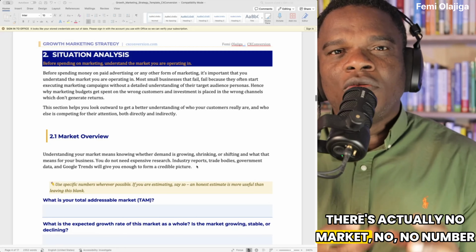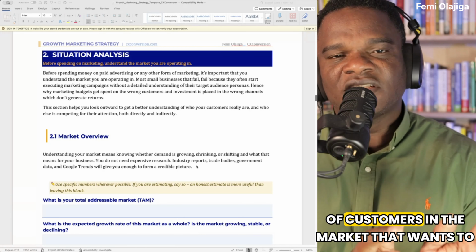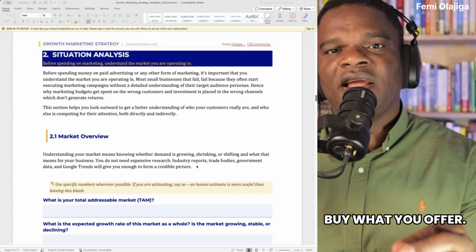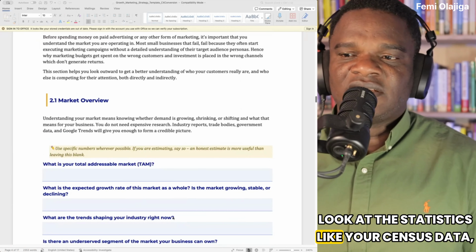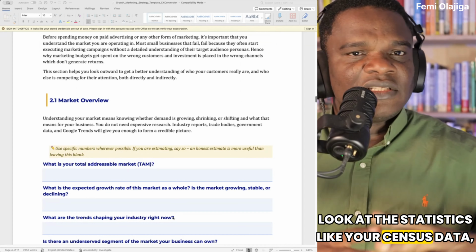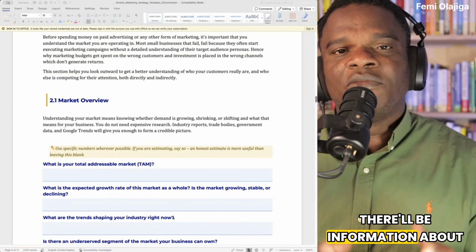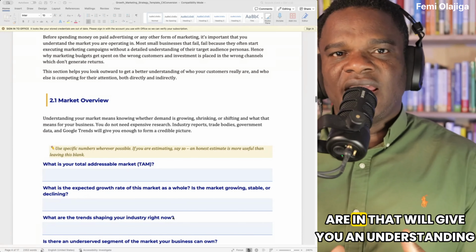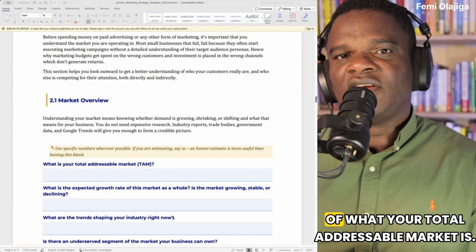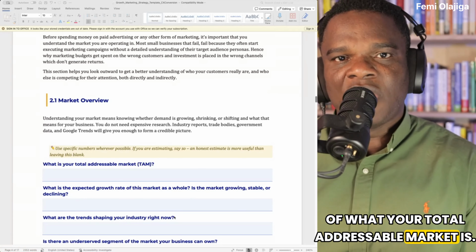There's actually no market, no number of customers in the market that wants to buy what you offer. So look at the statistics, like your census data. There'll be information about whatever segment or industry you are in that will give you an understanding of what your total addressable market is.